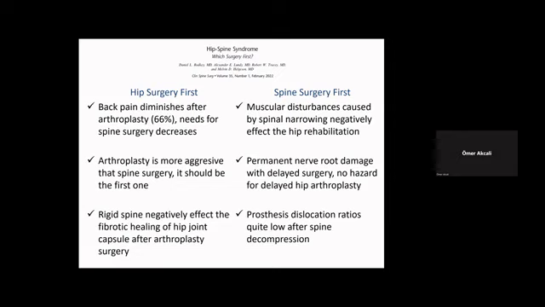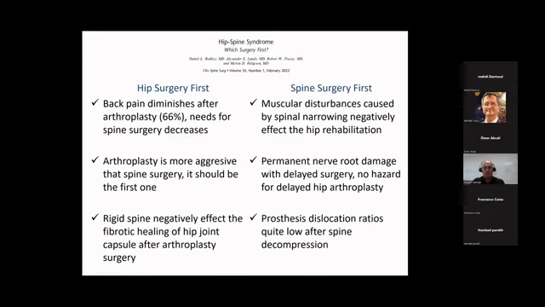Spinal compression is a progressive process, so delays for spine surgery and a long rehabilitation period of hip arthroplasty may lead to permanent neurological damage. On the other hand, waiting for hip arthroplasty does not affect the prognosis. Permanent neurologic damage and muscular weakness clearly increase the postoperative hip dislocation ratios.